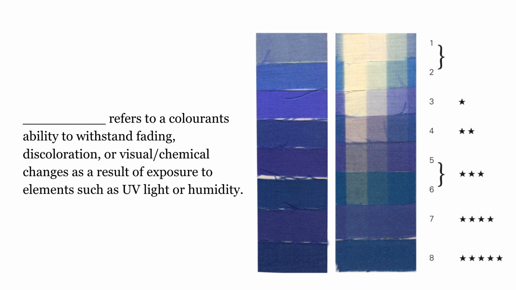I think this is the last one. This refers to a color and its ability to withstand fading, discoloration, or visual or chemical changes as the result of exposure to elements such as UV light or humidity. I would take that.